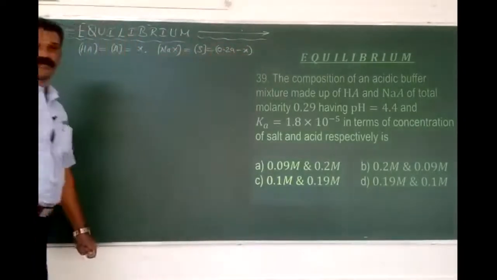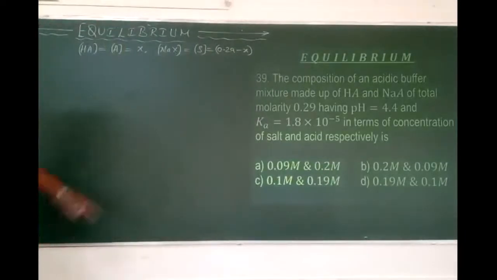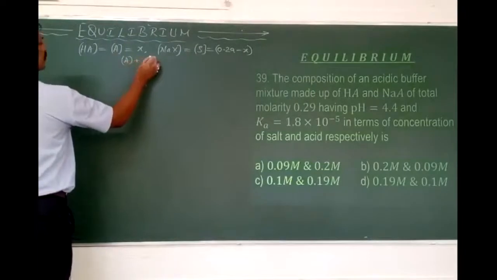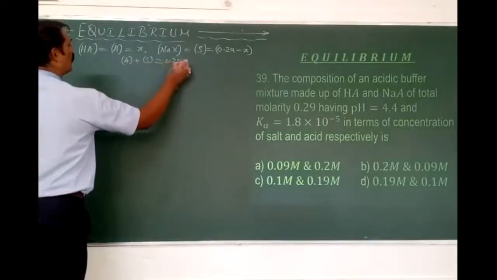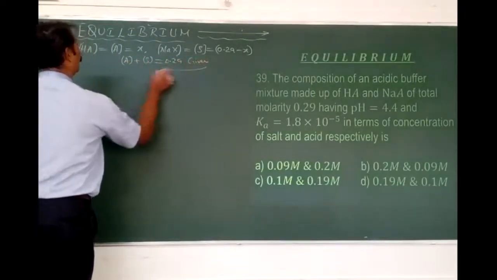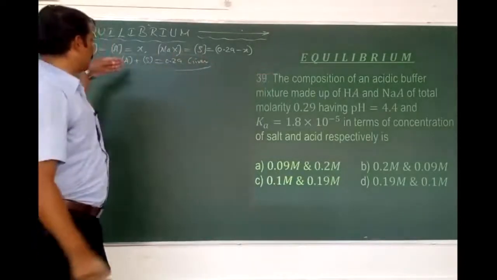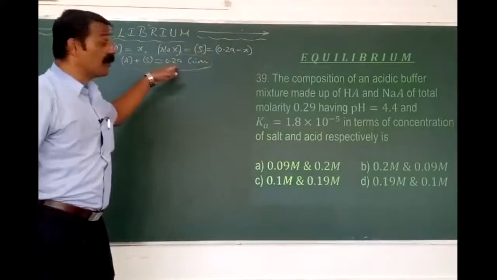Why? Because the total mixture of acid plus salt is equal to 0.29. It is given. That you have to remember first. The mixture of which and which? HA and NaX. I will mention that in the form of A and S is found to be 0.29.